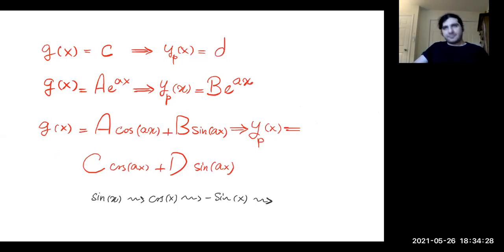So if the equation is equal to sine plus cosine, we can be sure that a particular solution would be a linear combination of things of the same form, sine, cosine, at least in most of the cases. There are a few counterexamples which we will talk about.